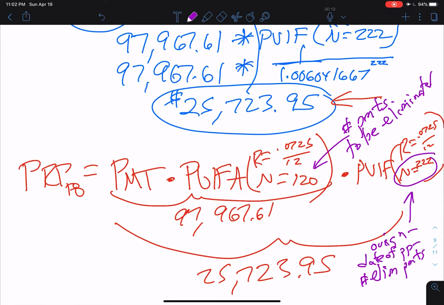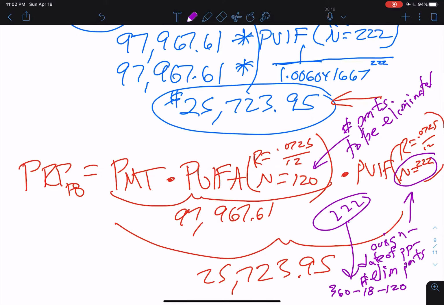And so for us, it was 360 minus 18 minus 120. So 360 minus 120 is obviously 240, minus 18, and this is our 222. Okay, so that's just very important to realize.